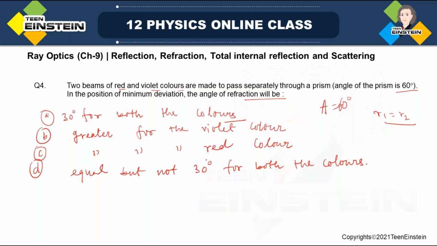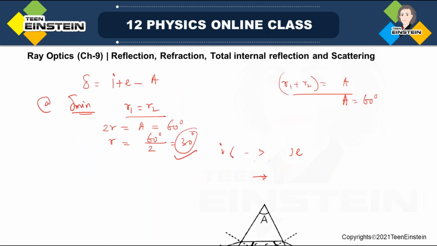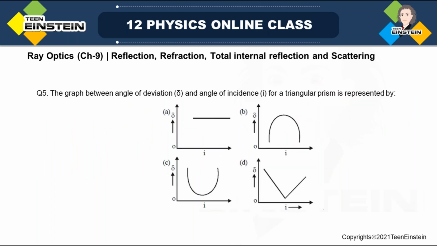All right, we'll have another question, probably the last question for today. This is again related to minimum angle of deviation. The graph between angle of deviation delta and angle of incidence for a triangular prism.